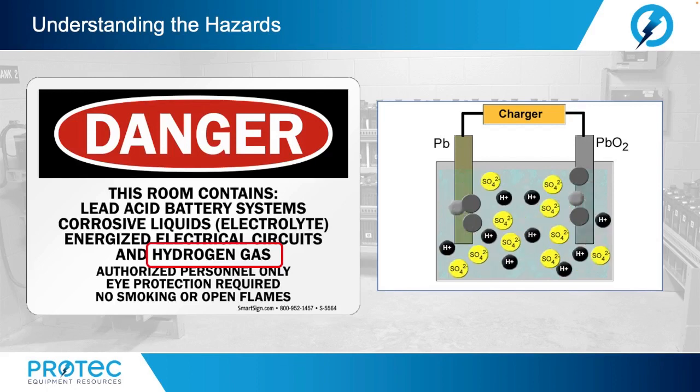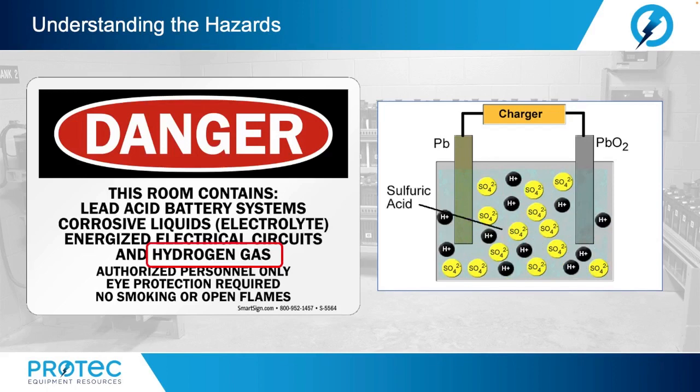Now, when the battery recharges, the lead sulfate leaves the plates and reaccumulates into the water, forming back into sulfuric acid. Hydrogen is created because the cell cannot absorb all of the energy from the charging. Water is electrolyzed into hydrogen and oxygen. And remember, hydrogen is explosive.